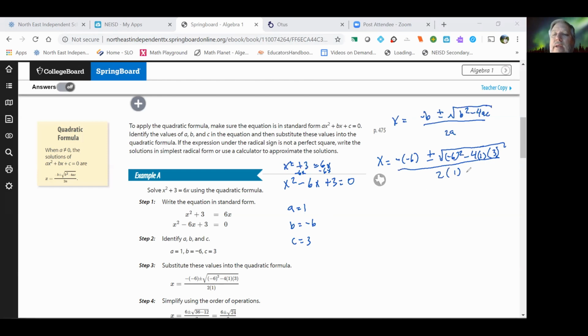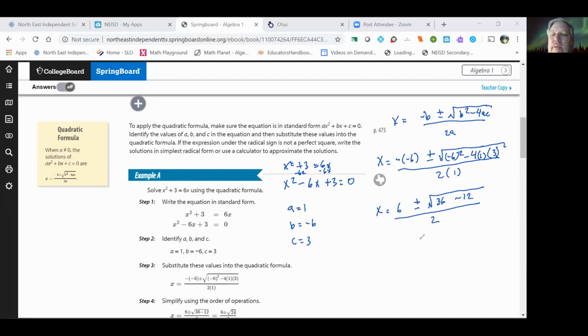So let's go ahead and begin to simplify. x is equal to positive 6 plus or minus the square root of, well, negative 6 squared is going to be a positive 36. That's going to be minus 4 times 1, which is 4. And then 4 times 3 is 12, so it's minus 12. All that over 2.